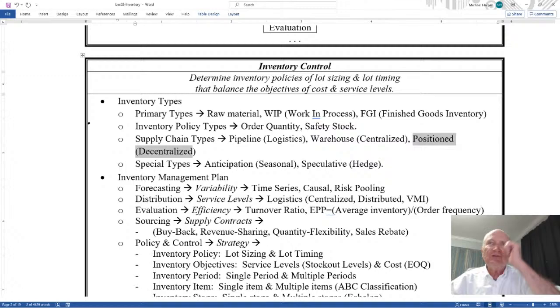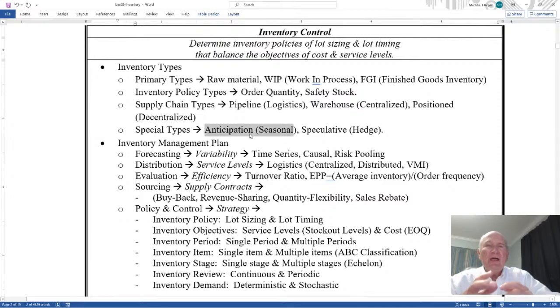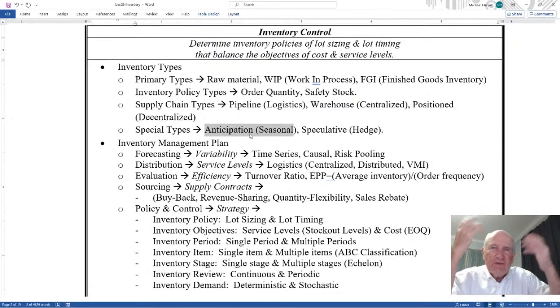Okay, special types. I have two here, anticipation inventory and speculative inventory. Anticipation inventory, or seasonal, has to do with inventory that is known. You expect it. You know it's going to happen. Say, I know there's a convention coming to town.